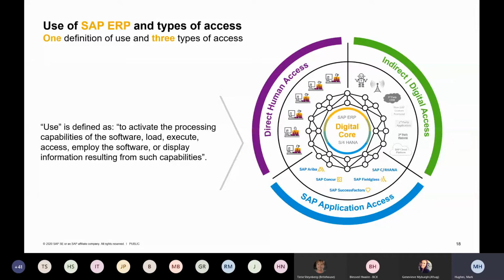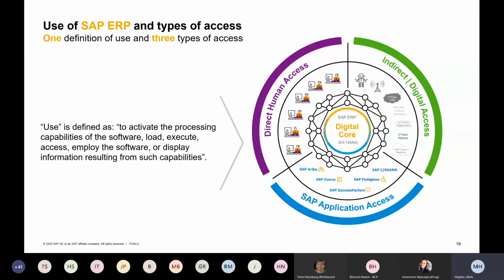Anybody who is using the digital core directly from a terminal with a login and a session needs a named user license. Then we clarified at the bottom in blue that any SAP application that integrates with the digital core does not need a named user license, but it's a specific access type.